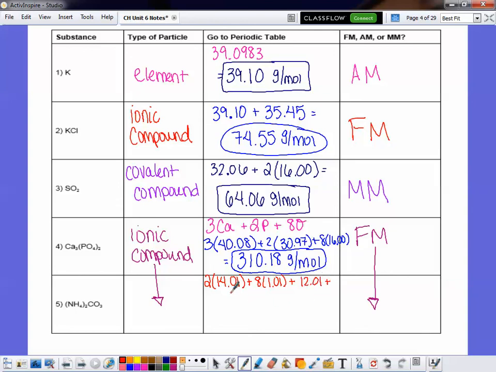And 3 oxygens that have a mass of 16.00. When you add all of those up, what do you get? 96.11. There we go. Units? All right. So that is calculating molar mass. We're going to use that next class to do a few more things with it. Okay?